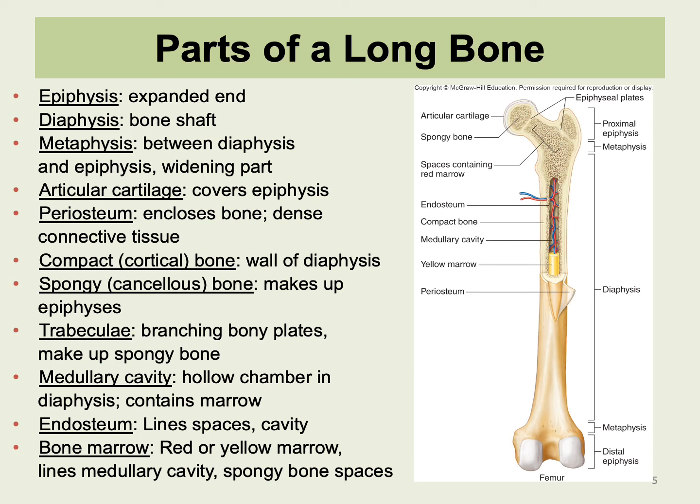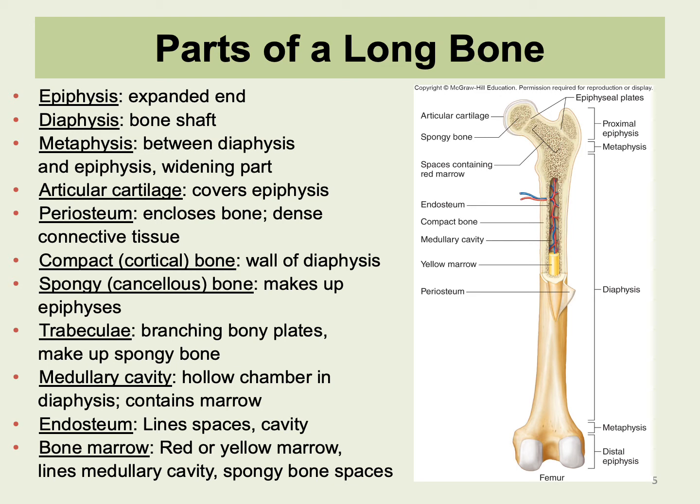For example, this is a femur shown in this picture. We have the head of the femur proximally, and as you see distally, we have articular cartilage, again a hyaline type of cartilage.